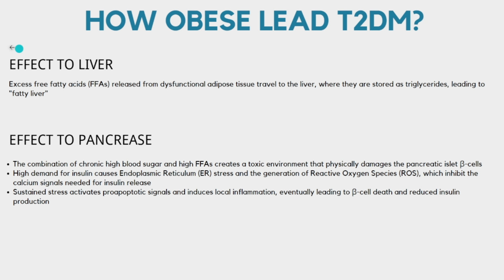And the buildup of free fatty acid will reduce insulin signaling by disrupting the pathway in the hepatocyte. Meaning that if you have fatty liver, your insulin cannot bind to the hepatocytes anymore. It will affect the pathway along the hepatocyte.